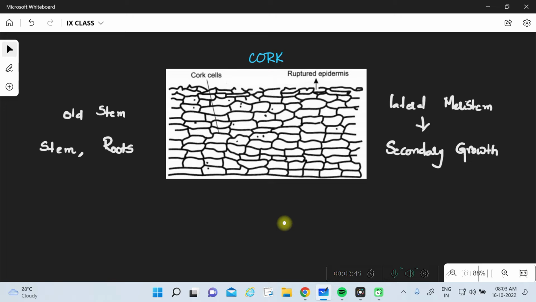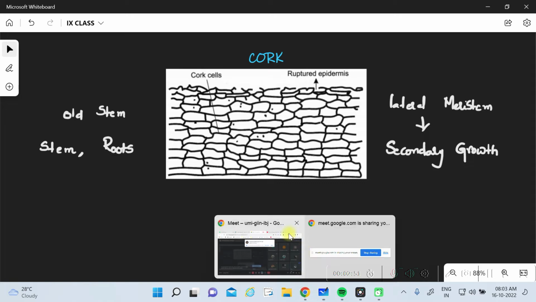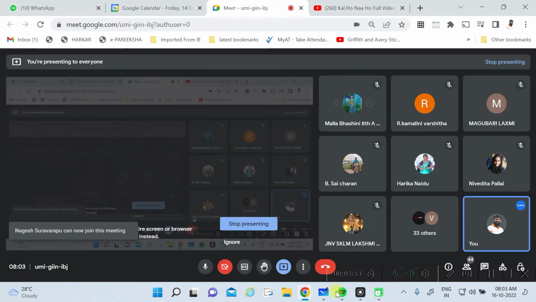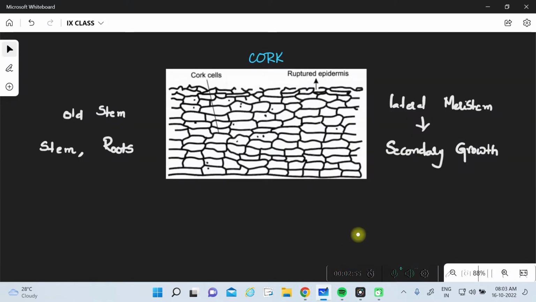So that is what we call secondary growth. Now the cork is the result of secondary growth. Cork formation, so you all please make a note, cork is the result of secondary growth.